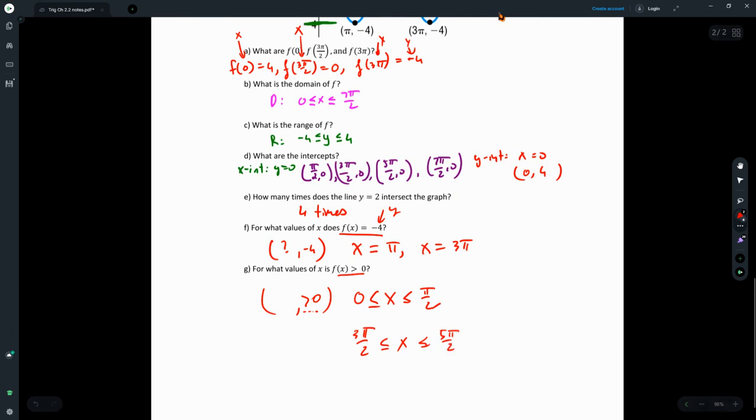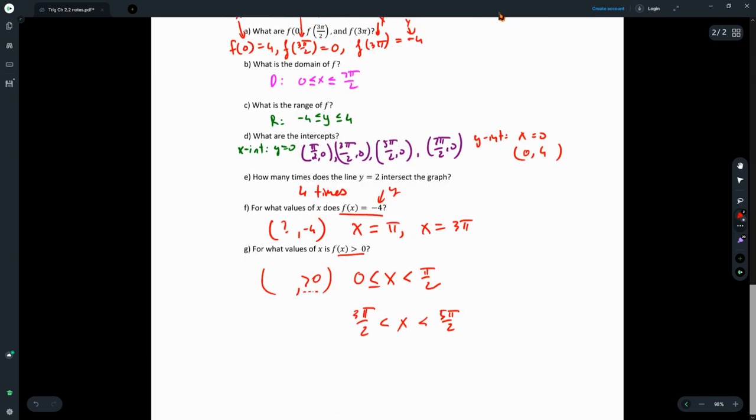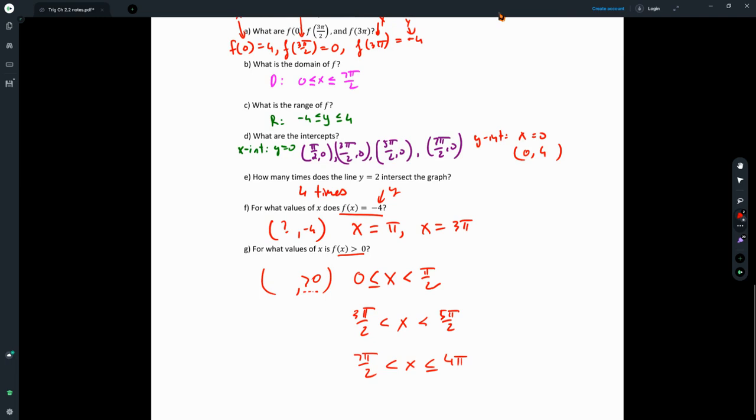Oh, greater than 0, so that should not be an equal there. And then the last portion here, this one, is between 7 pi over 2 to 4 pi. And those are your values of x when y is positive.